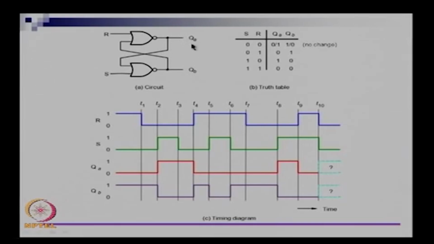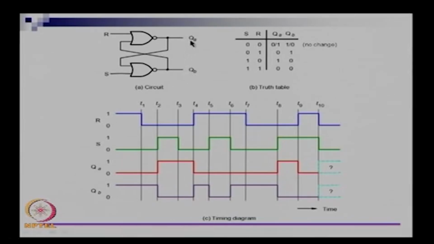If QA is 0, then S being 0 will take QA OR S, which is 0, and the complement of that, QB, will become 1. Because R is 0, you have 1 OR 0, that is a 1, and the complement of that will go to 0. So QA will remain at 0 and QB will remain at 1.